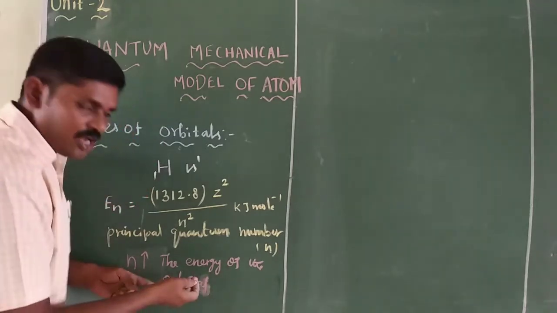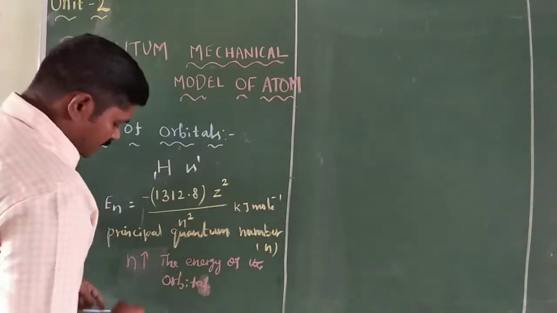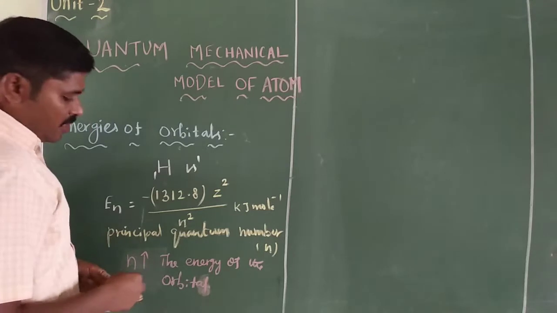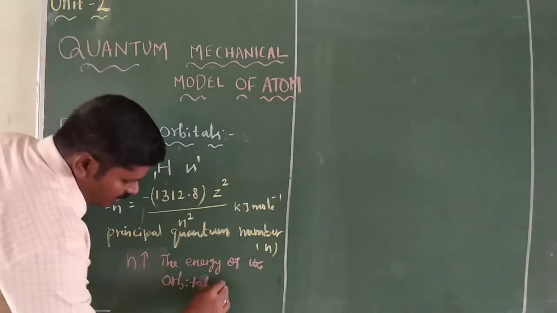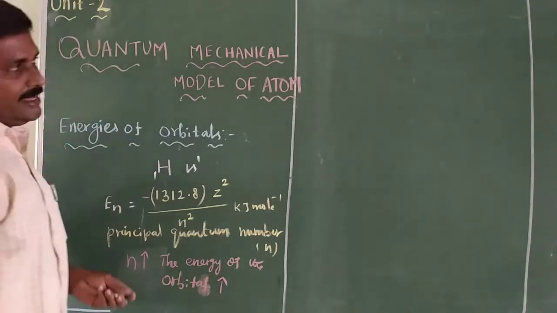Energy of the orbitals 1s, 2s, 3s: as the n value increases, the energy of the orbitals also increases.